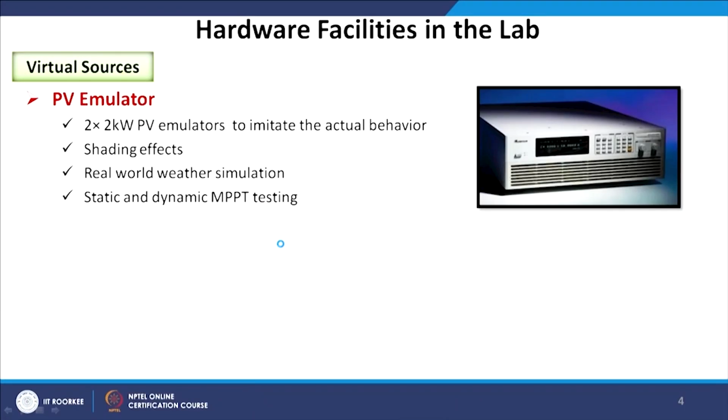Now, we have energy sources. The first one is the PV emulator, which mimics solar PV, and we have connected a 2 kilowatt PV emulator to imitate the actual behavior of solar PV. It can accommodate the shading effect, real world weather simulation is possible, and static and dynamic MPPT testing can also be performed with the simulator.